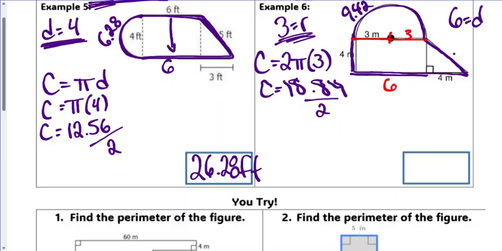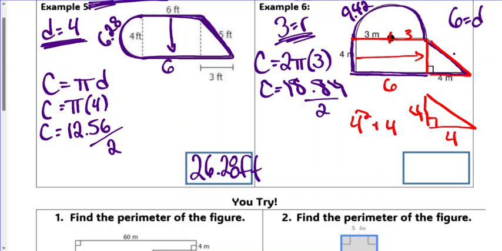And then the last side, it's part of this triangle. So I'm going to redraw that triangle. That has to be the height of the triangle. That's got to be 4. The base of the triangle is also 4. So I'm going to do 4 squared plus 4 squared equals c squared.